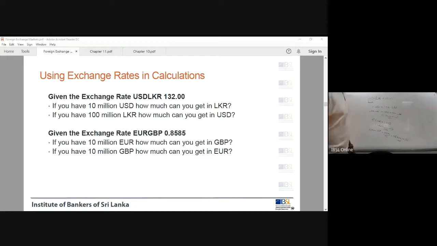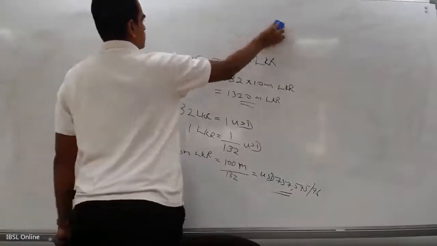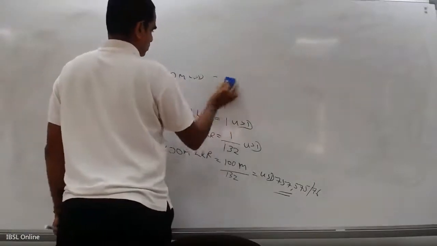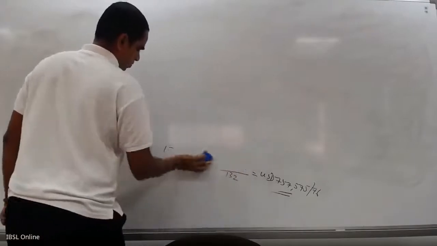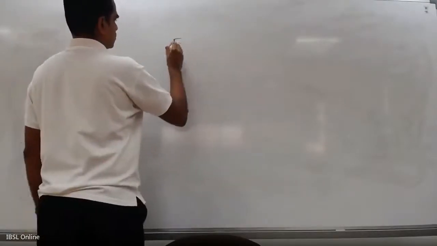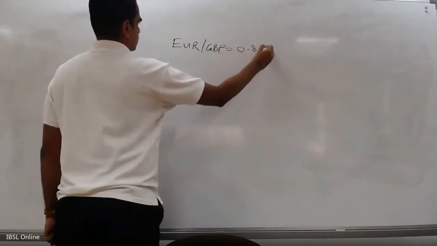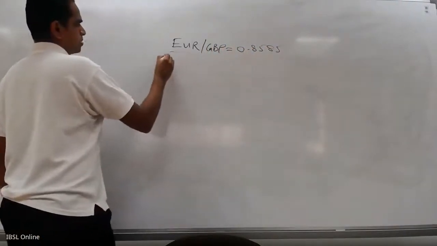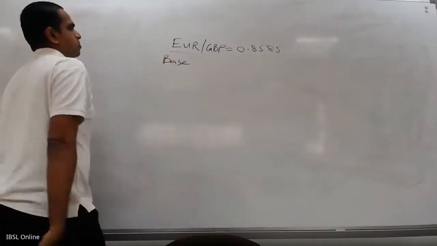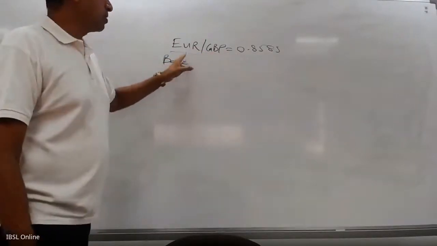Why do you say so? Euro is the base. Sterling is stronger because the exchange rate is less than 1, right? So base currency is weak, meaning sterling is strong.